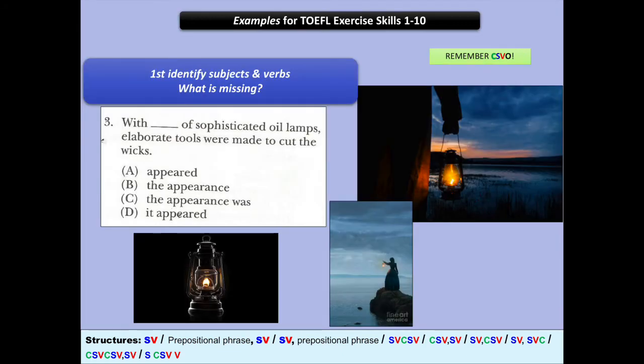Number 3. We have oil lamps here, but this comes after a preposition, so that is not our subject. Our subject is this, tools, and then a verb, were made. Okay, so we have one subject and one verb. So then our answer needs to have either a connector, a subject, and a verb, or something different.